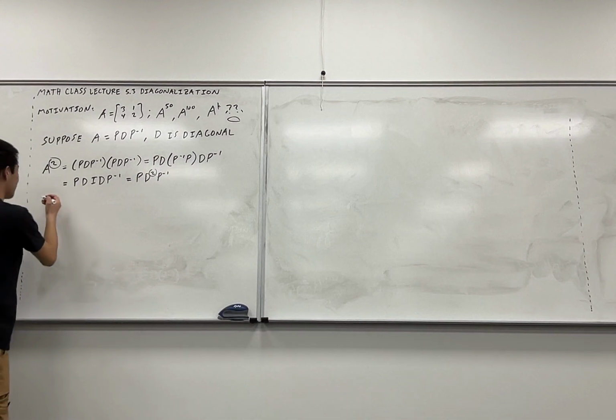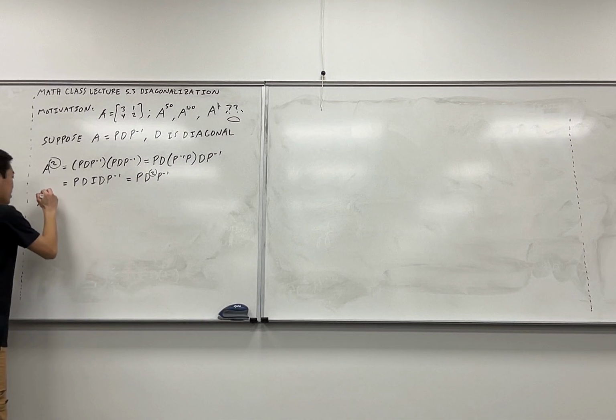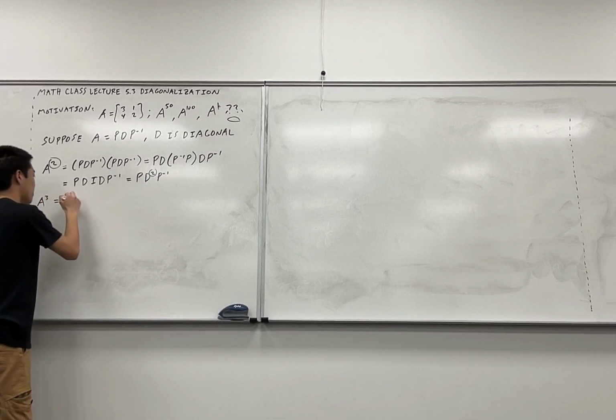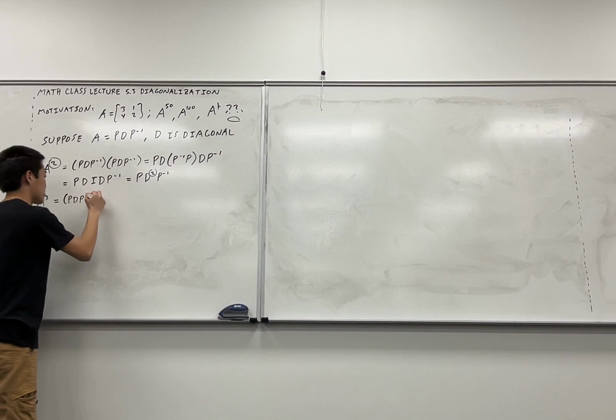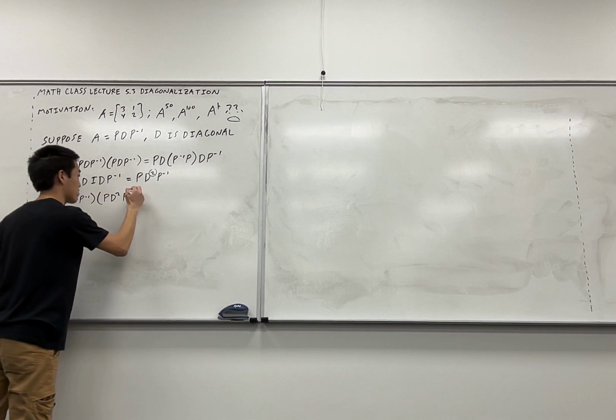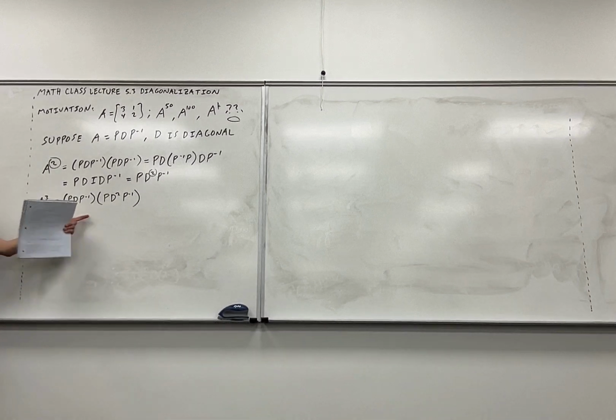Let's see if that was a coincidence though. What about A cubed? A cubed is A times A squared. So PDP inverse times PD squared P inverse, right? Because we're going up by 1. This is A and this is A squared, so now we're going to A cubed.